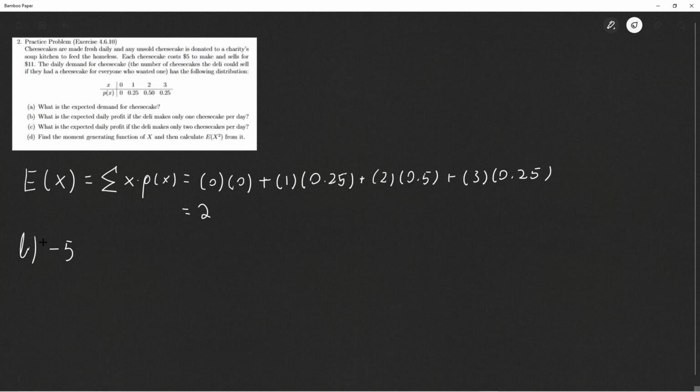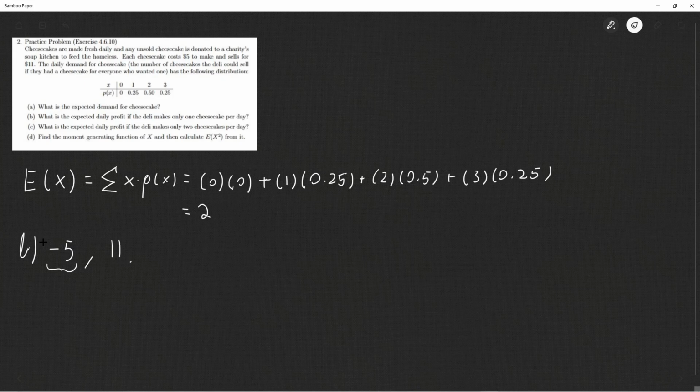So if the deli does not sell the cheesecake, then the daily profit will only be negative 5. However, if the deli does sell the cheesecake, then the profit will be $11 because it says that it will sell for $11.